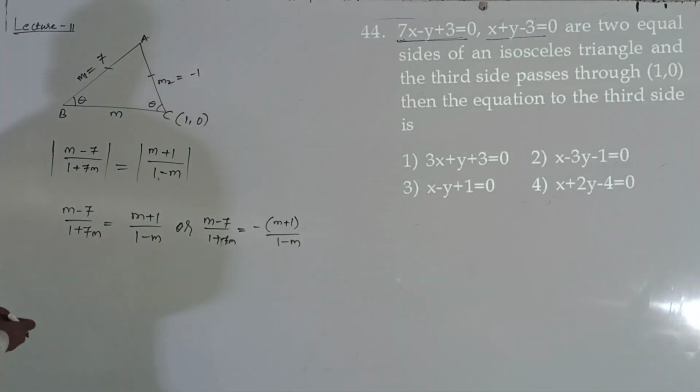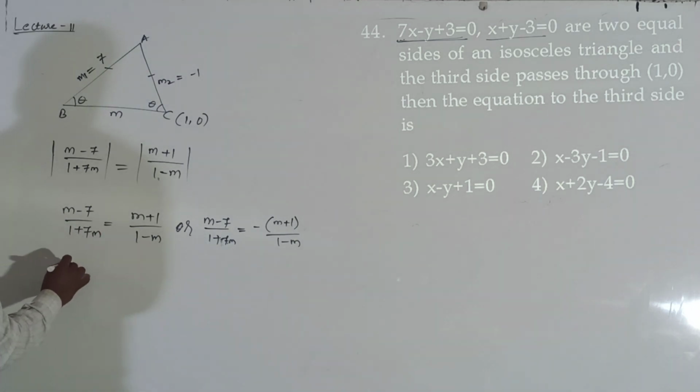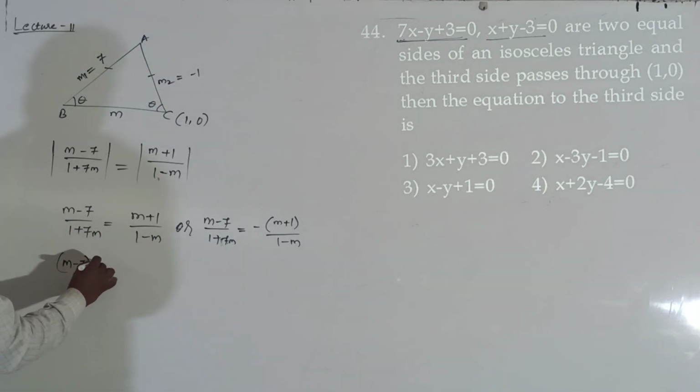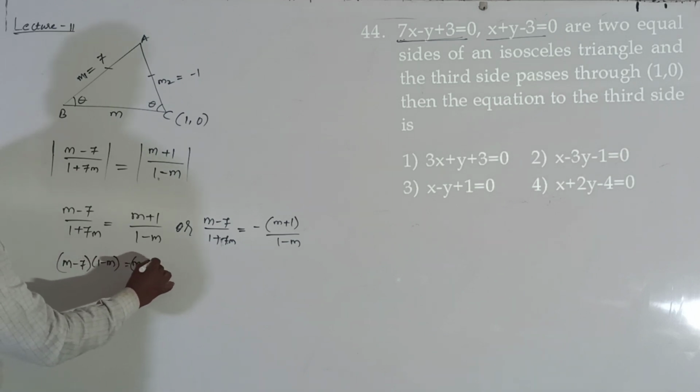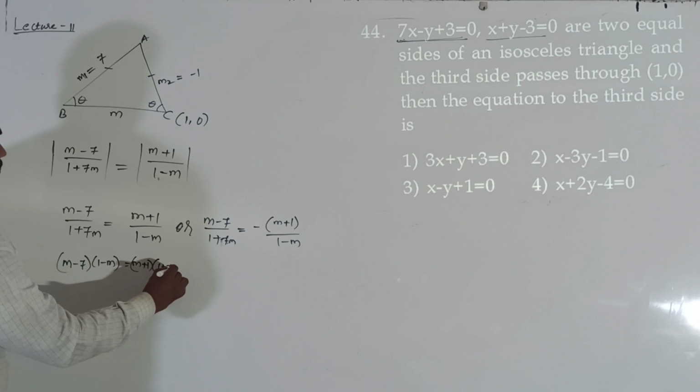Just simplify these two. Then m minus 7 into 1 minus m is equal to m plus 1 into 1 plus 7m.